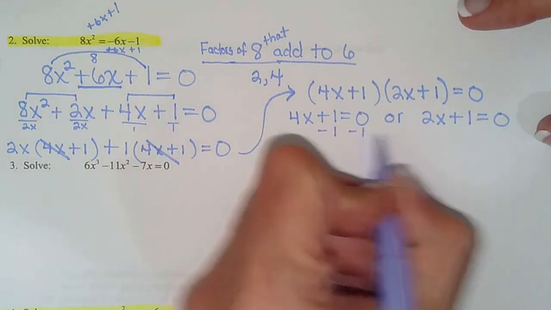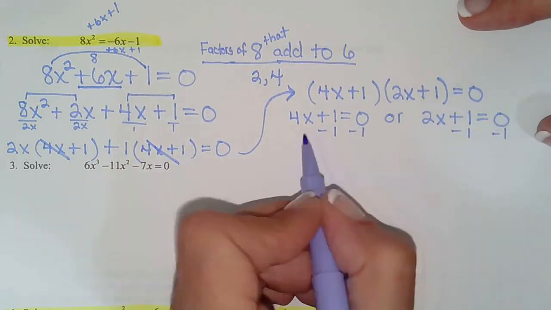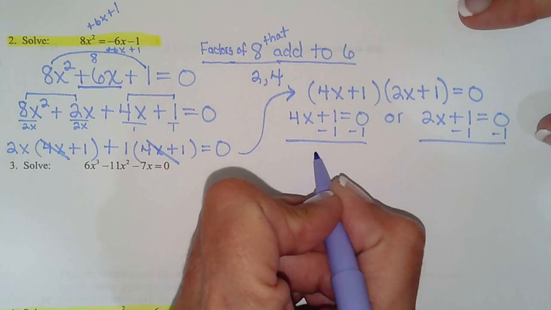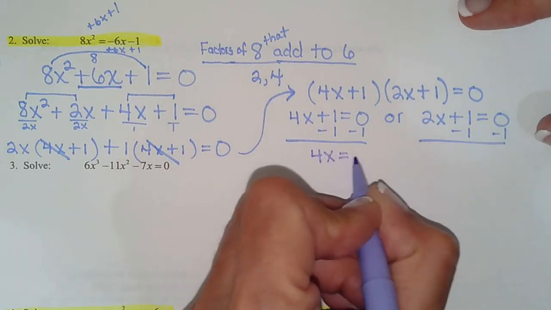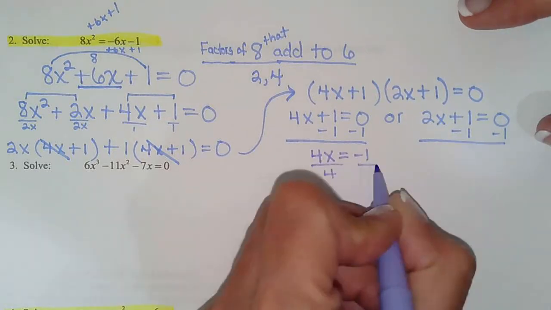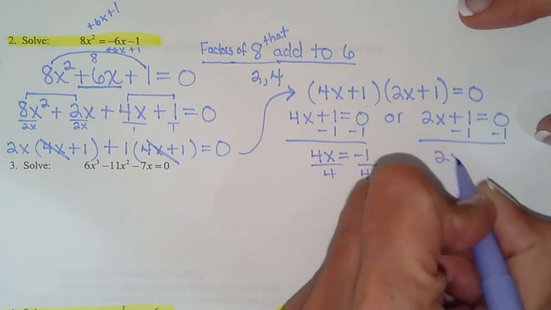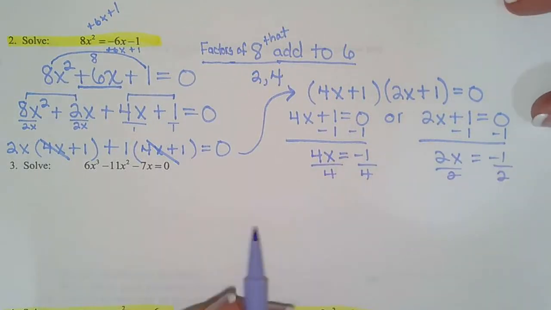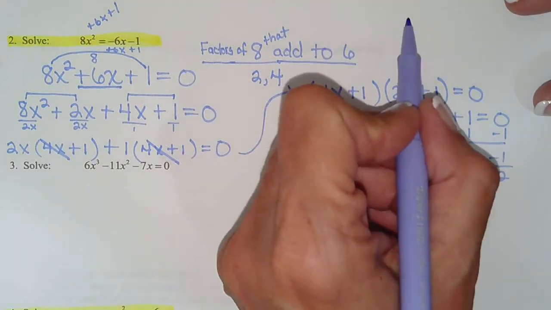So subtract 1, subtract 1, subtract 1, subtract 1. It looks like we're getting negative 1/4 and negative 1/2 for our 2 solutions. So I'm going to go up here just so I don't steal that one's room.